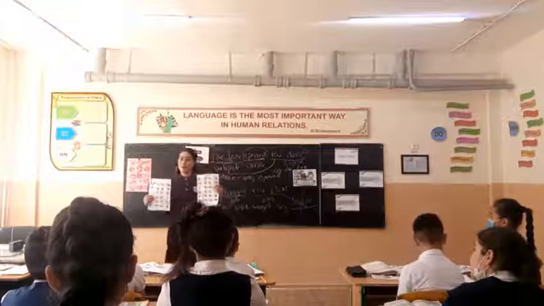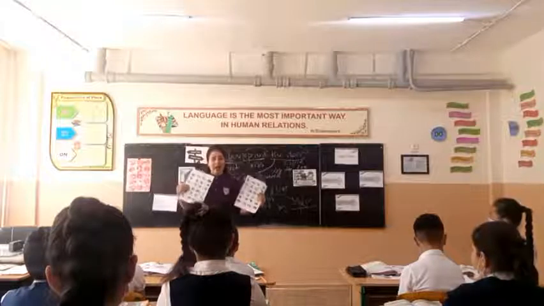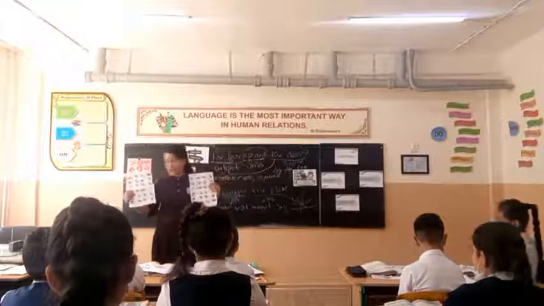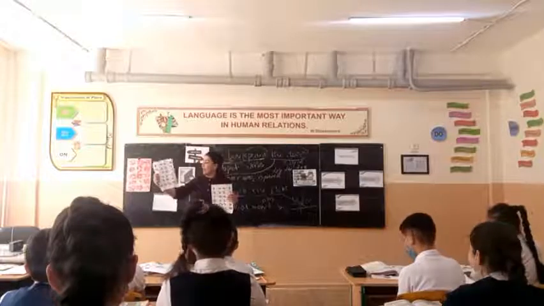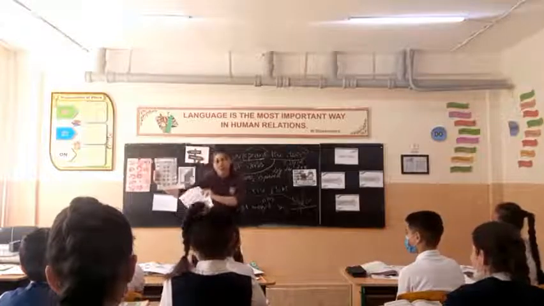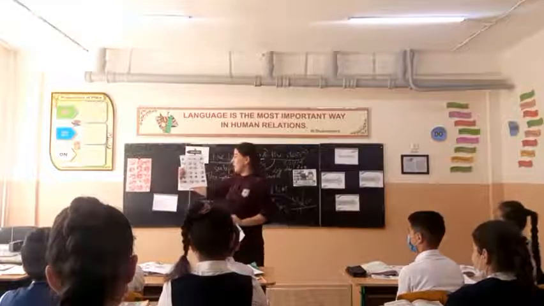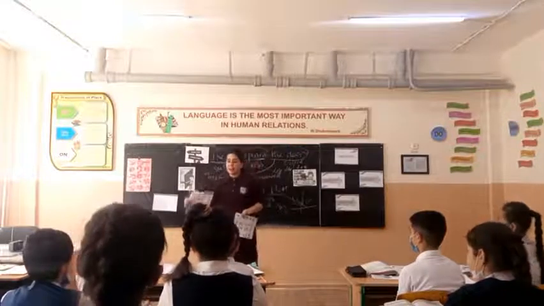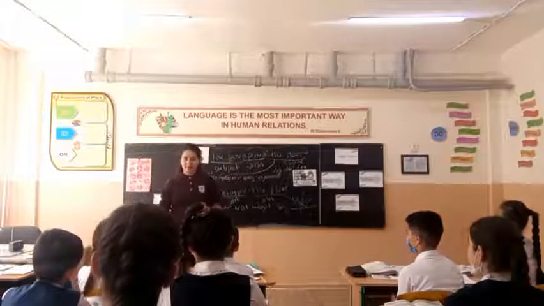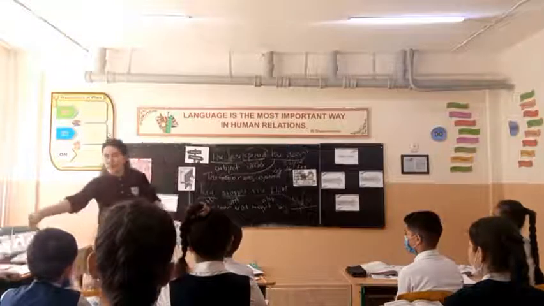According to this, you need to make sentences active and passive, and according to the given pictures, you need to make sentences in 2 tenses. Okay, is it clear? Now let's divide into 2 groups. This one is for your group.